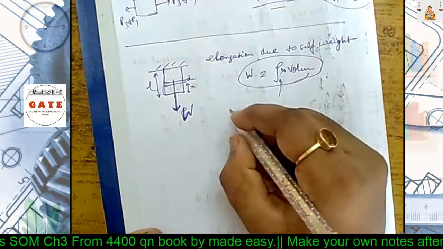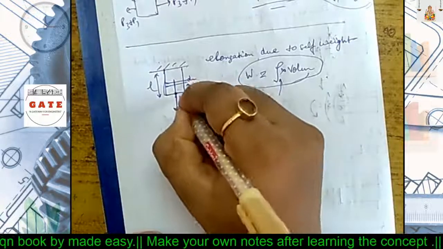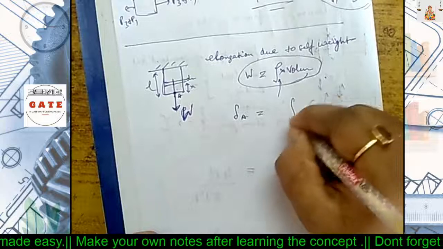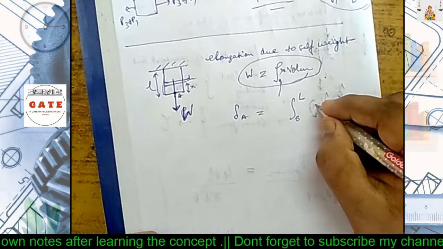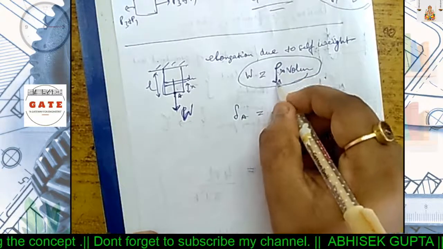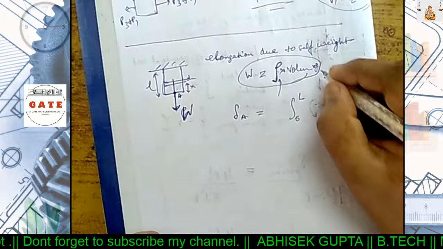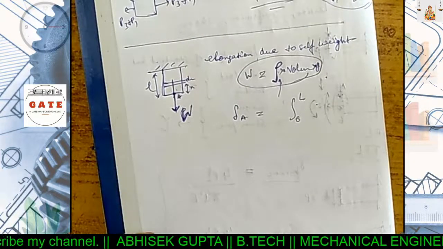In doing this, we get the elongation at point A as integration 0 to L of density into volume into g. Sorry, here one g was missing.